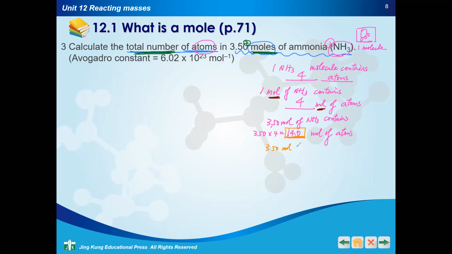Now, the final question: 3.50 mole of ammonia contains how many atoms? Can you see the tricky point here? Mole of atoms, I change it to atoms.